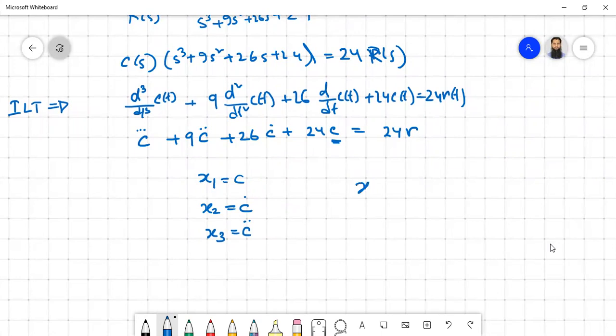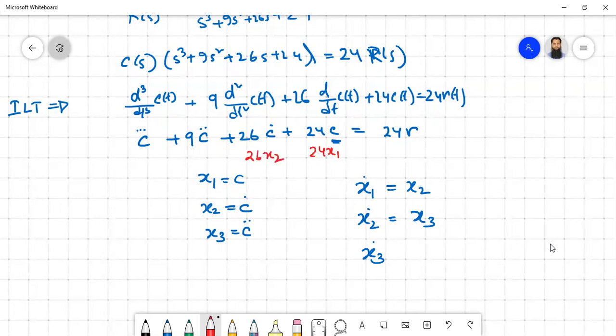So x1 dot equal to x2, x2 dot equal to x3, and x3 dot equal to, now you have to be careful here. If you write in terms of x1, x2 and x3, this is 24x1, this is 26x2, and this is 9x3, all plus, and then this is your x3 dot.